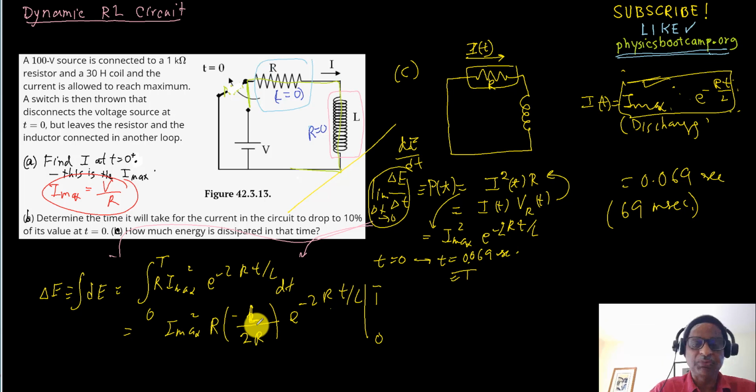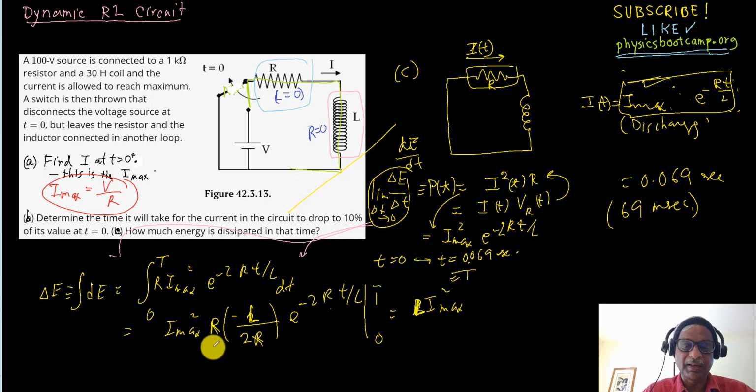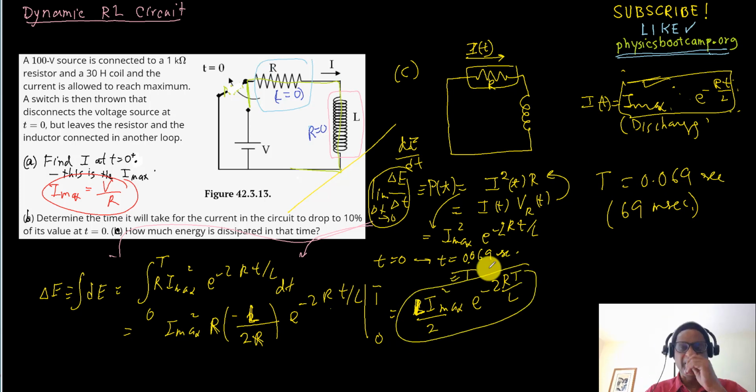When it's T, it's T, and this minus I can absorb it here. So this will be R I max squared, and this R cancels out. So this is L times I max squared over 2, times 1 minus e to the minus 2 R T over L. So that's the value I need to figure out numerically.